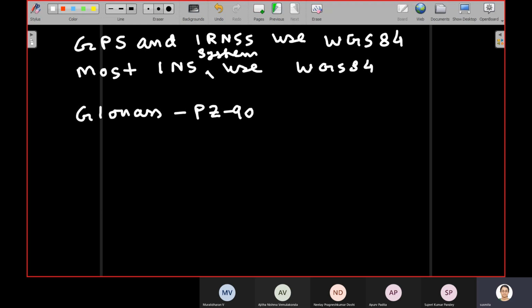Basically, it's similar to WGS 84, but the center of the ellipsoid is off from the center of the WGS 84 reference ellipsoid. Then Galileo has another reference ellipsoid, which is actually a realization of the ITRF. Then the Chinese system has an equivalent standard, which is in close agreement with the ITRF.